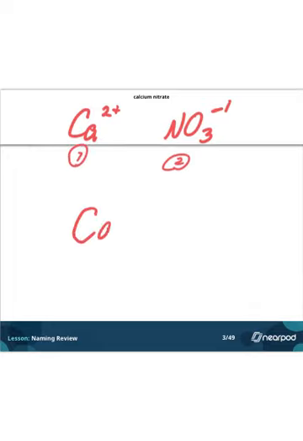Nitrate is one of the polyatomic ions, one of the no-co-SOPOs, NO3, and it's a -1. Now I bring them together. For every +2, I need 2 -1s, so I get a neutral compound in the end, and I'll get Ca(NO3)2. It's a polyatomic ion, so I have to put it in parentheses if I take multiples, and that would be the formula for calcium nitrate.